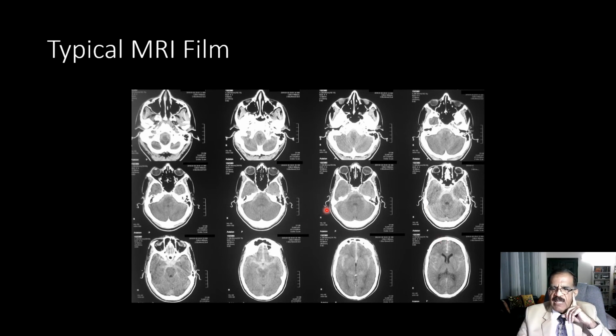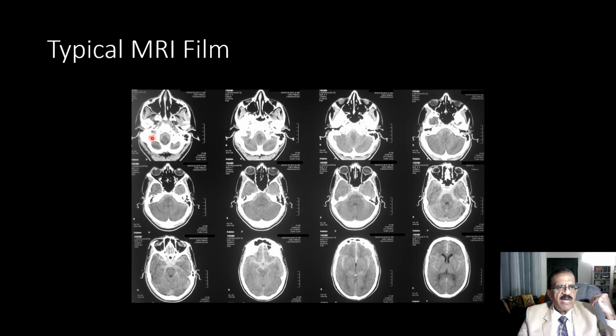Now, a typical MRI is shown. You can tell this is MRI because you have better resolution, although more or less the images are the same. Starting from the base, you remember I showed the guides. This is the very basic, the lower level. You see the brainstem, and some part of the cerebellar hemisphere.